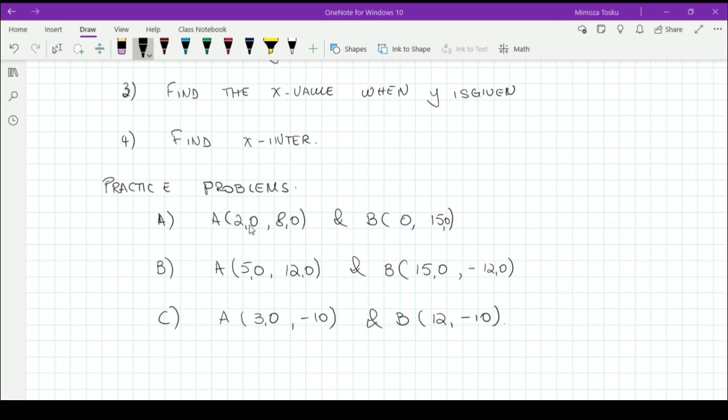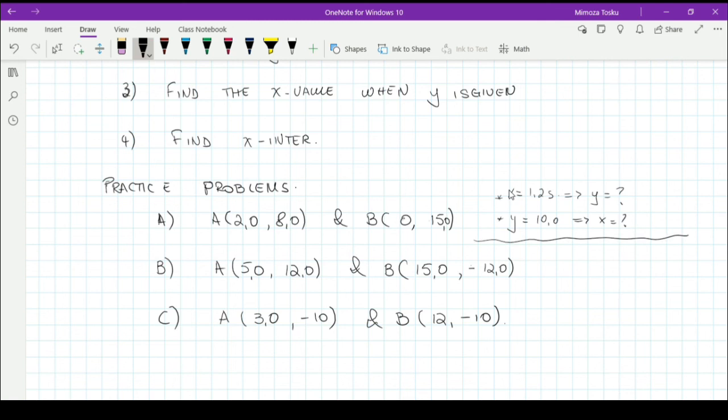It will be between those two values here. For the first one, x is given as 1.2 seconds, and you will find the value of y. The next one will be y equals 10, and you will find the value of x, and then you will find the x-intercept.